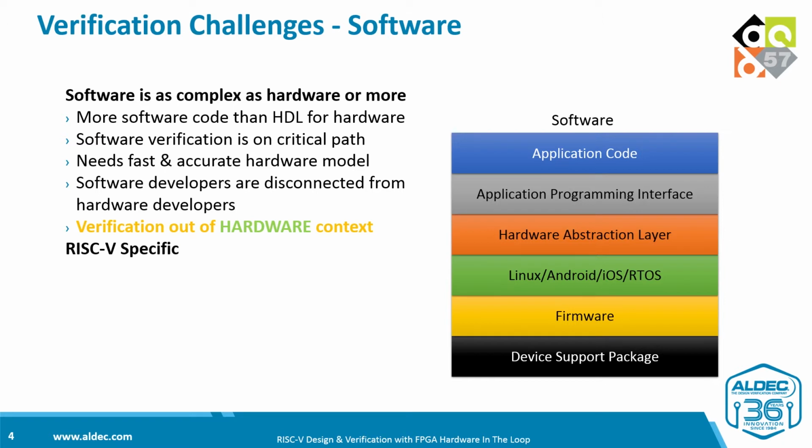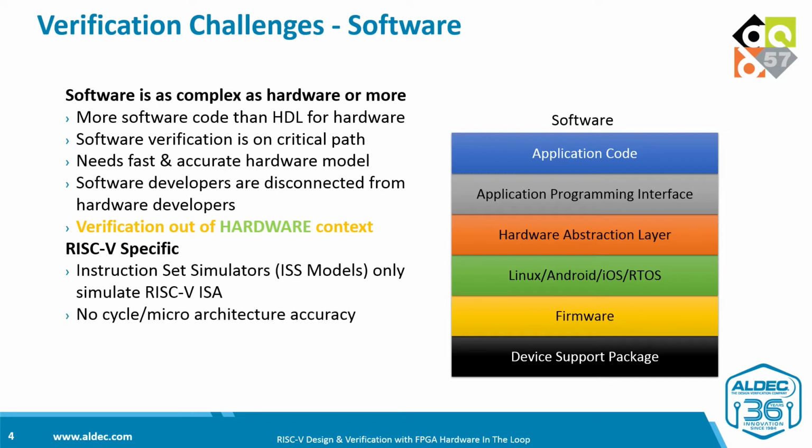And how important it is, you can realize looking at the RISC-V available resources. So the ISS models only simulate the RISC-V instruction set architecture. That's obvious because you can implement the same ISA in many different ways.